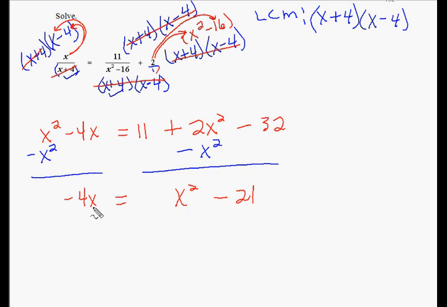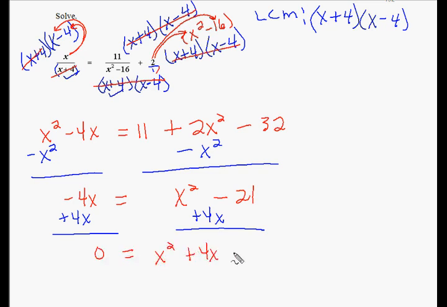Now we have x's still on both sides of the equation, so let's try and get those together, adding 4x to both sides. 0 is equal to x squared plus 4x minus 21.